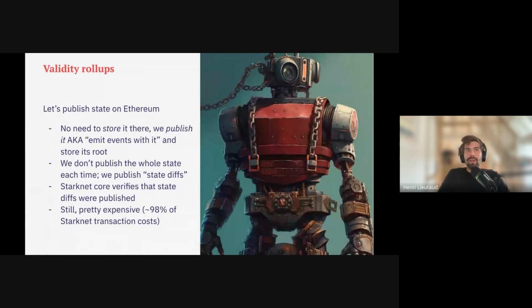You could divide it by 10 and it will still be 90% of your cost, because then you have 9.8 plus 2, and 9.8 is close to 90% of 12, right? So currently, data availability costs are the main cost for validity rollups like Starknet.